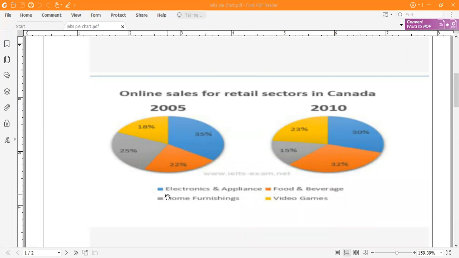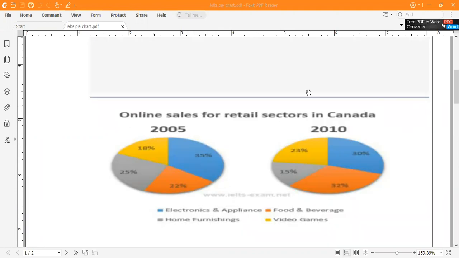Electronics and appliance, this is number 1. Number 2, a gray one, it is home furnishings. A yellow one, it is video games. The orange one, it is food and beverage. كل واحدة فيها لون. Electronics اللون الأزرق. وبعدين الرمادي هذا اللي هو home furnishings. Food and beverage اللي هو البرتقالي. واللون الأصفر اللي هو video games.